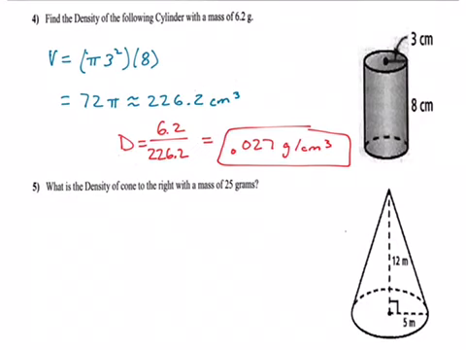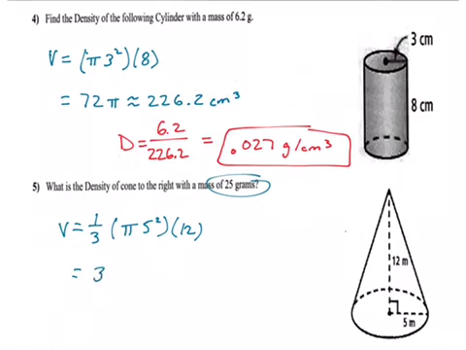And then last but not least, what is the density of the cone to the right with a mass of 25 grams? Once again, we were given the mass, we just need to find the volume of the cone. The volume of the cone is 1/3 the base area, which is a circle, so pi times the radius squared, times the height of the cone, which would be 12. We can go ahead and multiply all that out.